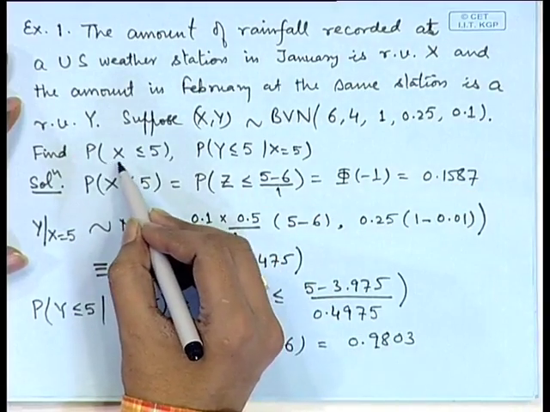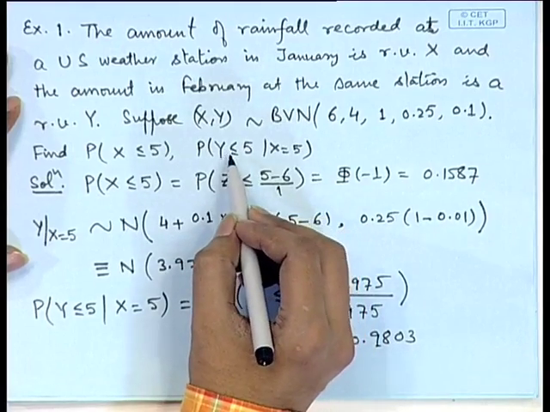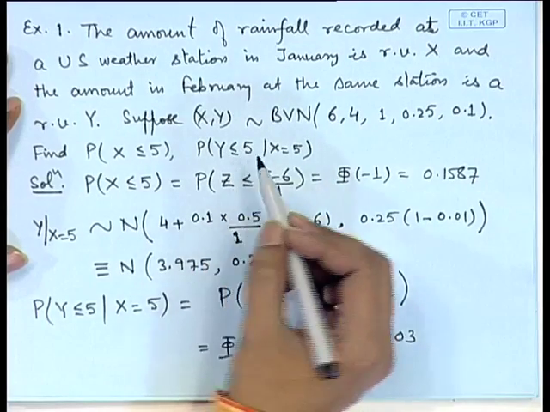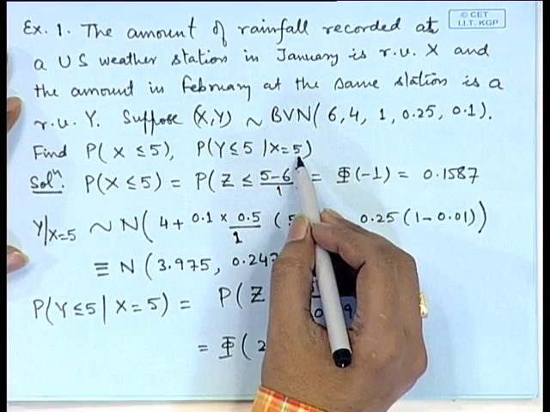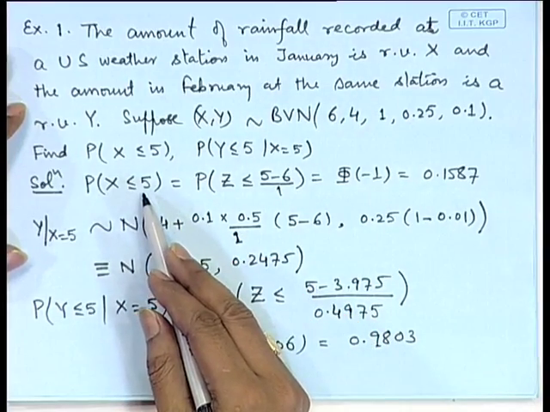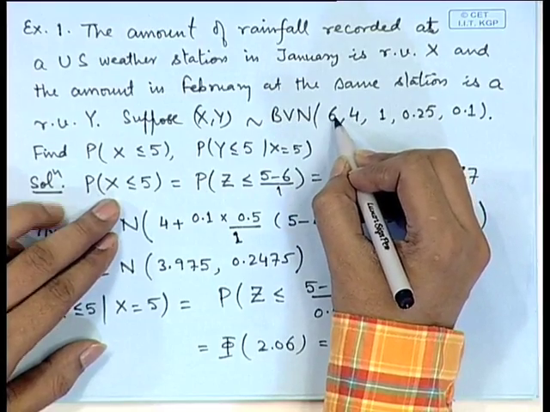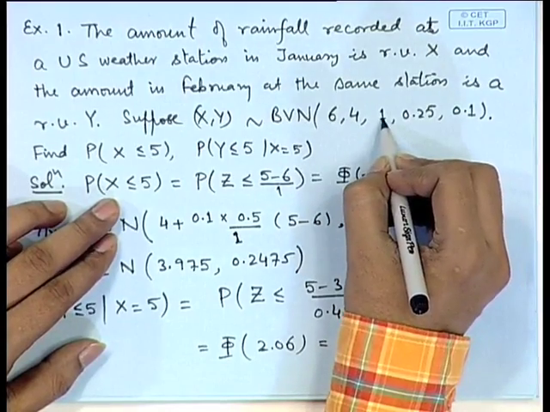We are interested to calculate the probability that x is less than or equal to 5, or the probability of y being less than or equal to 5 given that x is equal to 5. Notice here, the probability of x less than or equal to 5 can be calculated from the marginal distribution of x, which has mean 6 and variance unity.